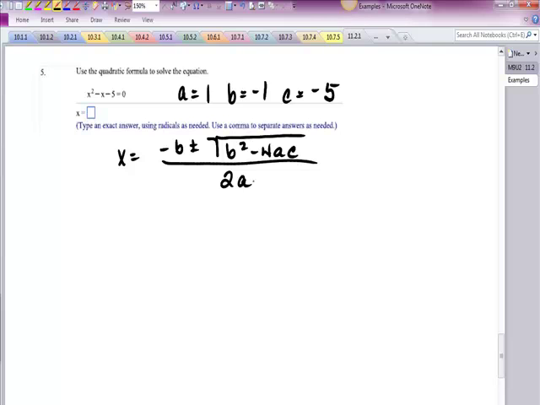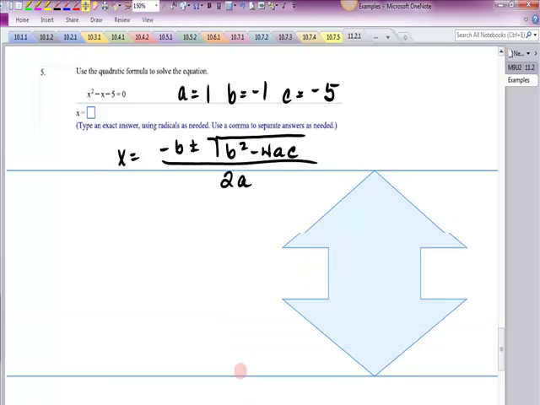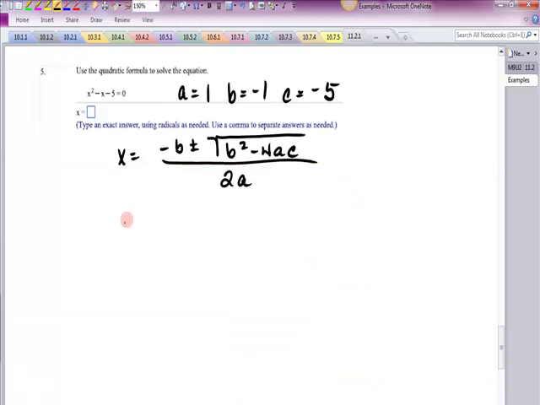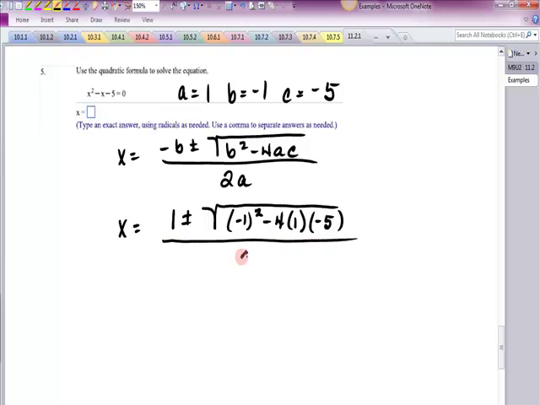If you write it every time you use it, you will memorize the quadratic formula. X is equal to -b means opposite of b, so that's going to be +1, plus or minus the square root of -1 squared minus 4 times 1 times -5 all over 2 times 1.